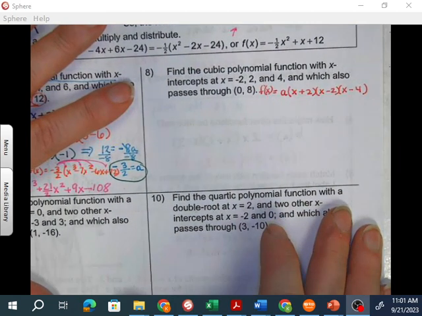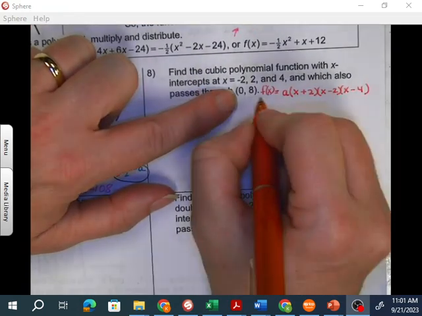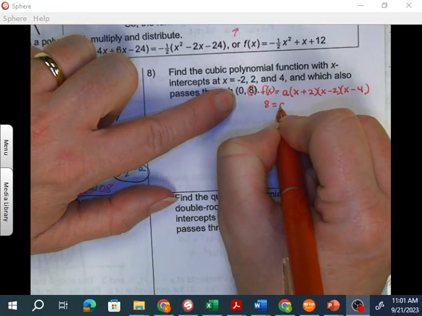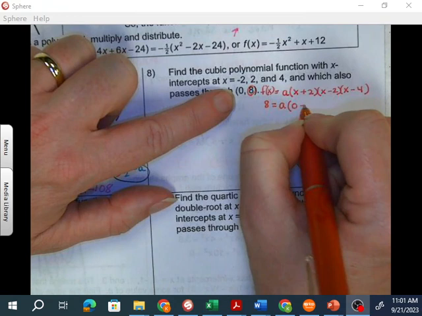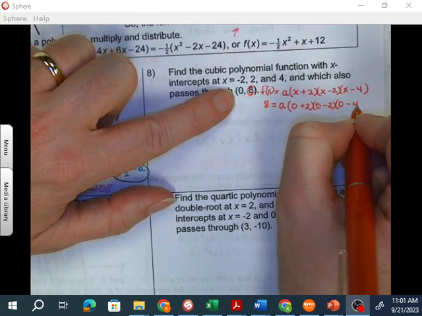All right, they told me my f of x is 8, and my x value is 0. So I'm going to plug in. So 8 equals, I don't know a, 0 plus 2, 0 minus 2, 0 minus 4.